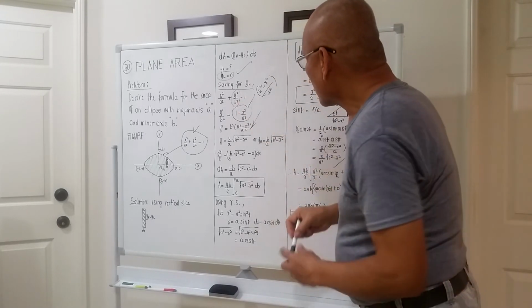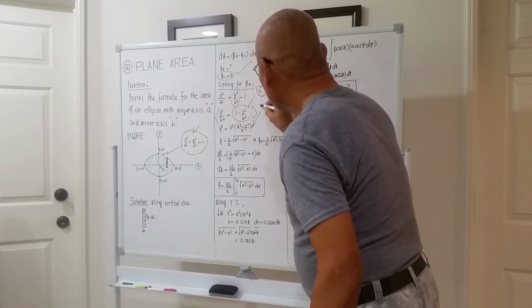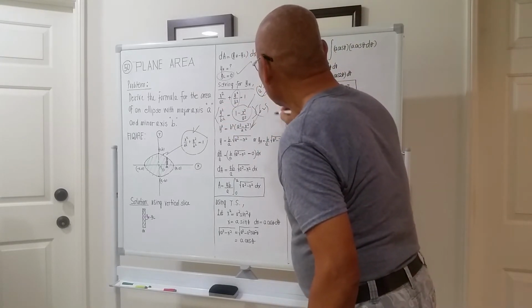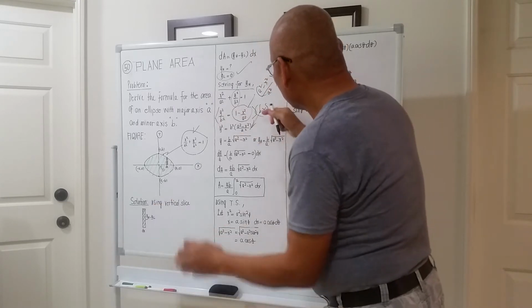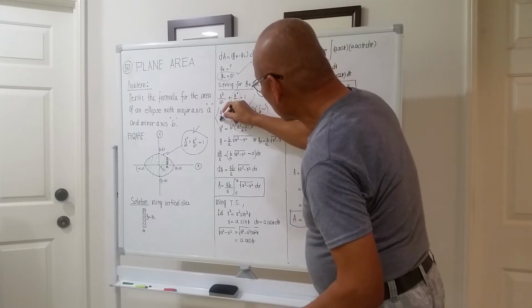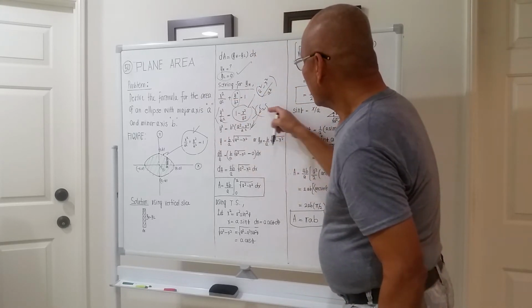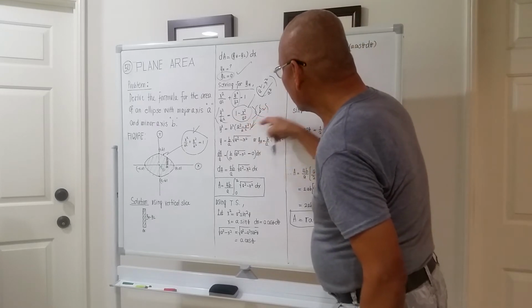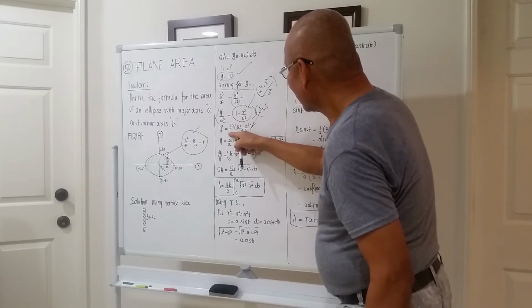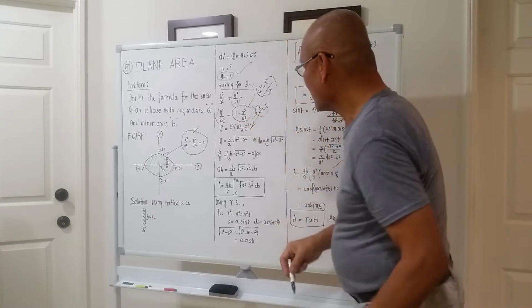Solving for y square, multiply all terms by b square, left and right. Y square over b square times b square, this will cancel out. What remains on the left will be y square. B square times this quantity will be b square times the simplification of this, which is a square minus x square over a square.